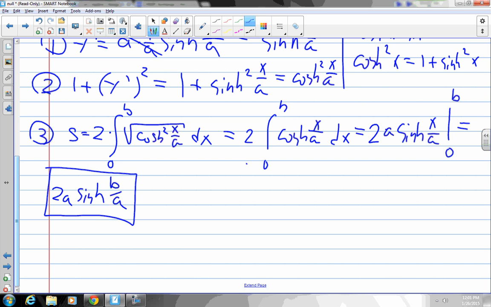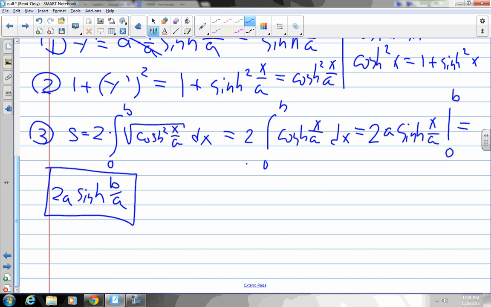Now, if I give you the values for a and b, let's say the lowest point was 10 feet, and the supports were 100 feet apart, so a is 10 and b is 50 because it's halfway.